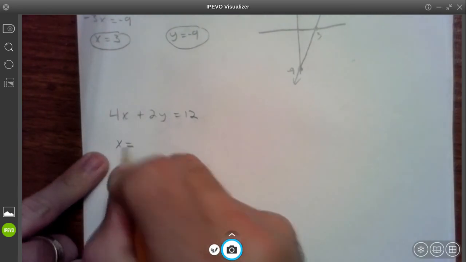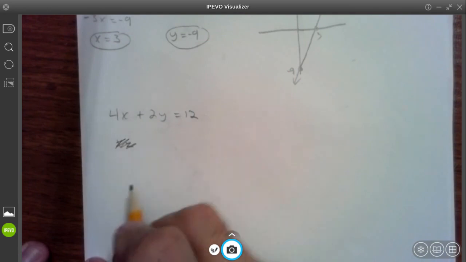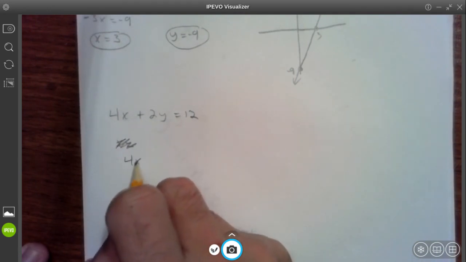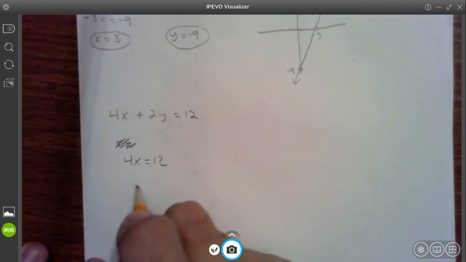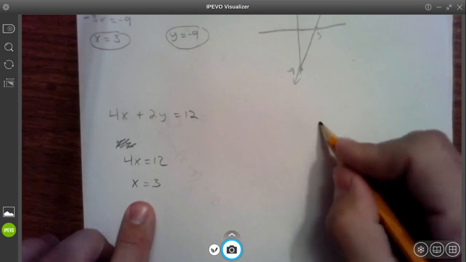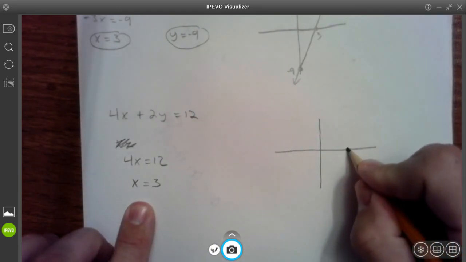For the x-intercept, we'll plug in 0 for y. So I get 4x equals 12. Divide by 4, x is equal to 3. All right, x equal 3 is about right there.